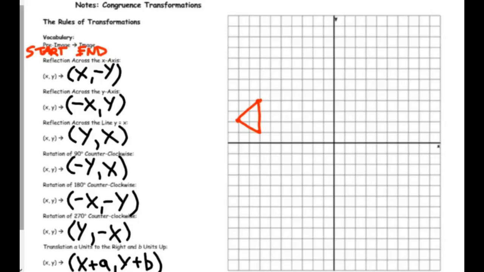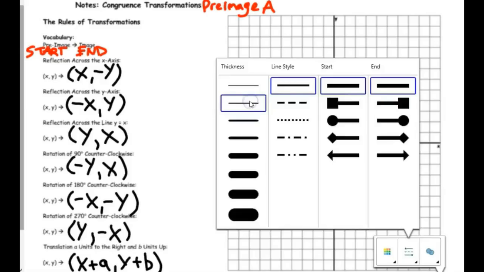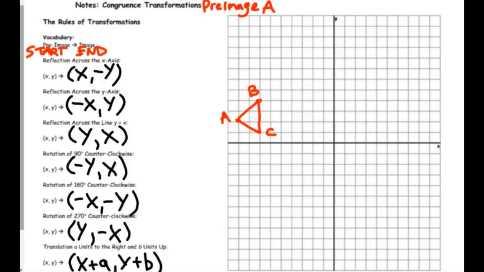At the top here, I'm going to write pre-image. I'm going to have A, B, and C. I need to know the coordinates of A. This is negative 1, 2, 3, 4, 5, 6, 7, 8, 9, positive 2. So I'm going to put (negative 9, 2).